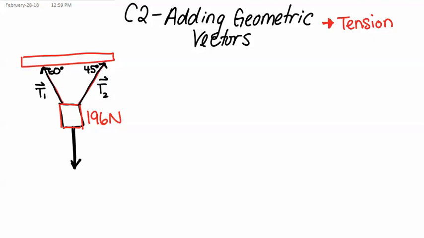So there's 2 ways you can do this. I'll just show you basically how to set them up. You can do this using cosine law or sine law. I guess sine law would work. Where you add up your vectors together, so the 2 tensions should add up to the force that's pulling downwards.